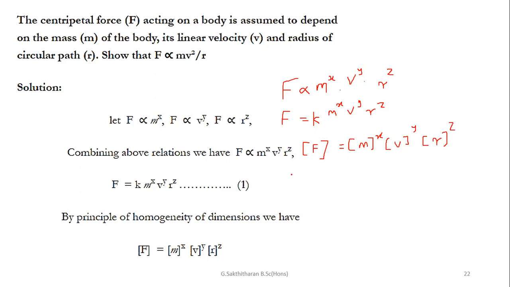F is the force, and we know the dimensions of force are M L T minus 2. The m is the mass, so capital M to the power x. Velocity is L T minus 1, all to the power y, so L to the power y, T to the power minus y. Here r is the radius, so L to the power z.